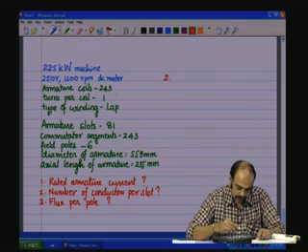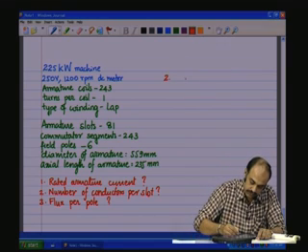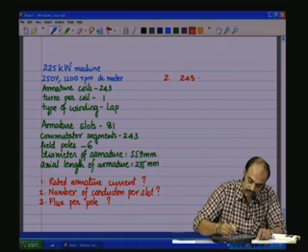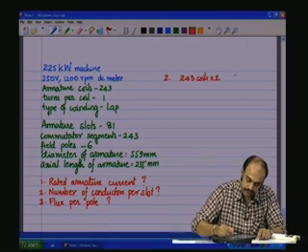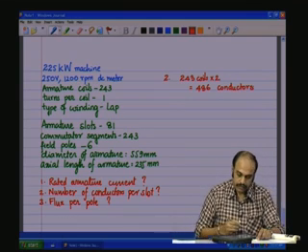So, there are 243 coils, and therefore, 243 into 2 conductors. So, you have 243 coils into 2, which is equal to 486 conductors on the armature.